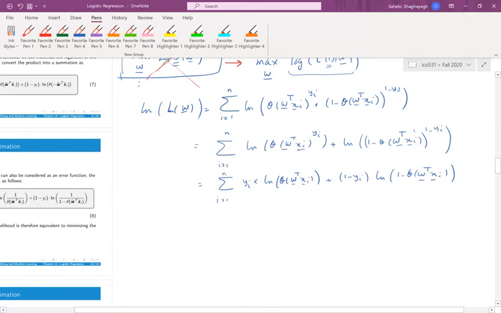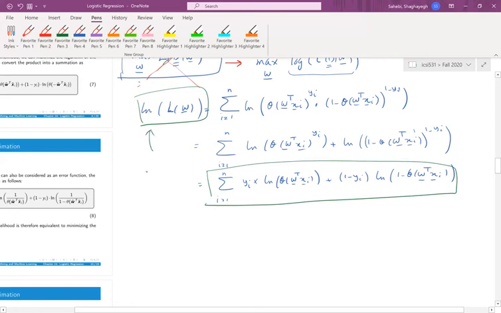These are all vectors. All right, so now we do have a logarithm of the likelihood function. So this is the log likelihood.